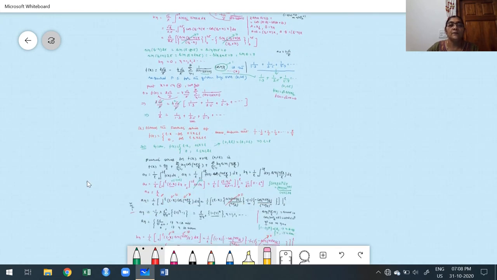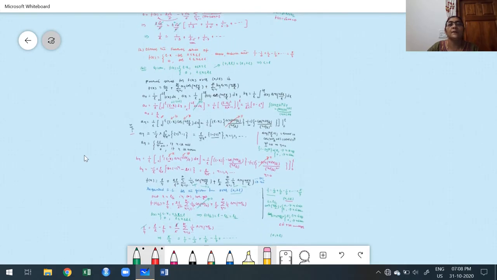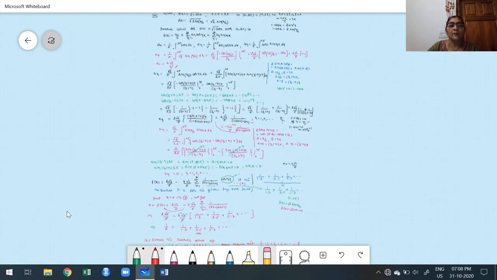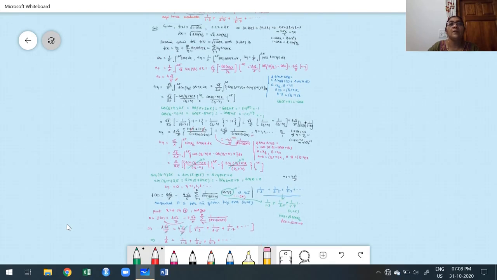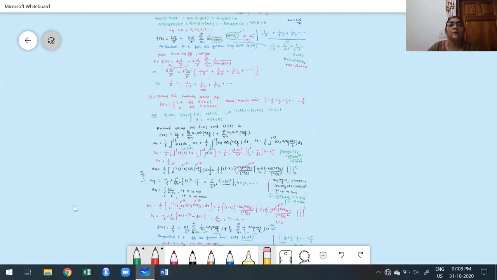This is the second problem, and this is the first problem. I'll give 1 minute. If you want, take a screenshot, keep that and write the entire thing. Now move to the second problem.